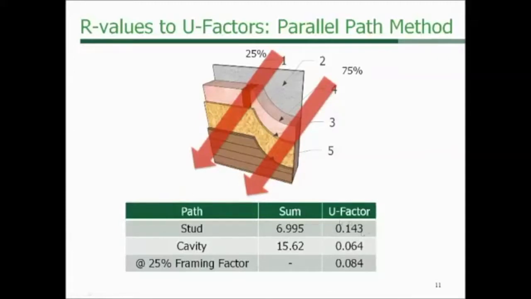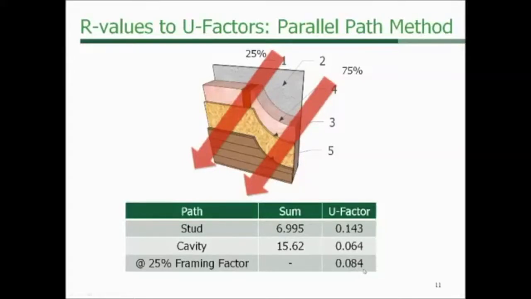We just take the U factor of the studs, multiply it by 0.25, or 25%, then add the 0.064 multiplied by 0.75. 75% is going through the cavity. And we add those two together and we get an overall U factor of the assembly, 0.084.